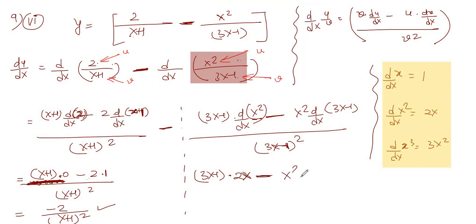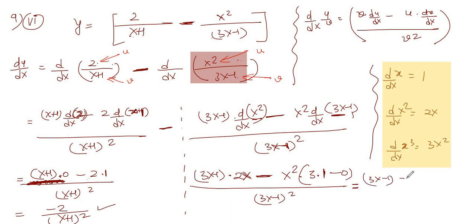Minus x square. What is the derivative of 3x? 3 as it is, x is 1, and what is the derivative of 1? 0, by 3x minus 1 square. Okay, and if you simplify it, it will be 3x minus 1 into 2x minus 3x square by 3x minus 1 square.